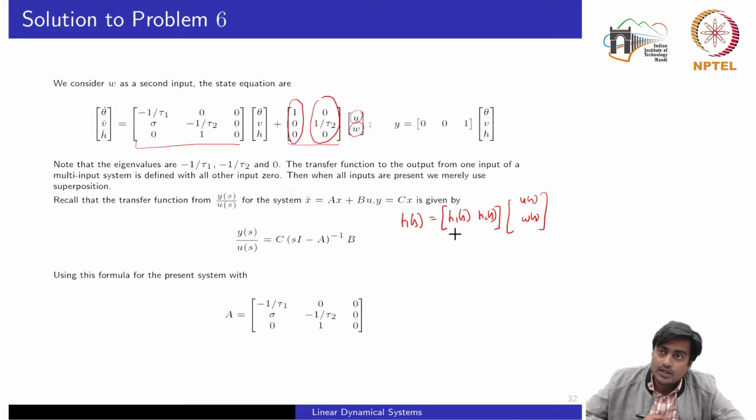So we need to compute these two transfer functions. Applying the superposition principle, we can compute H1 by putting w equal to 0 and compute H2 by putting u equal to 0, and then compute two different transfer functions. When putting it into the vector, it would give me the complete representation of the system in terms of the transfer functions.